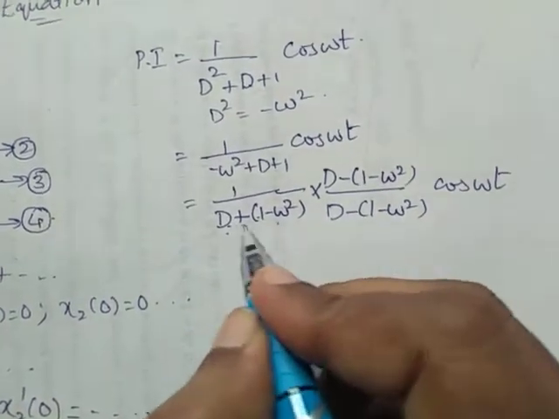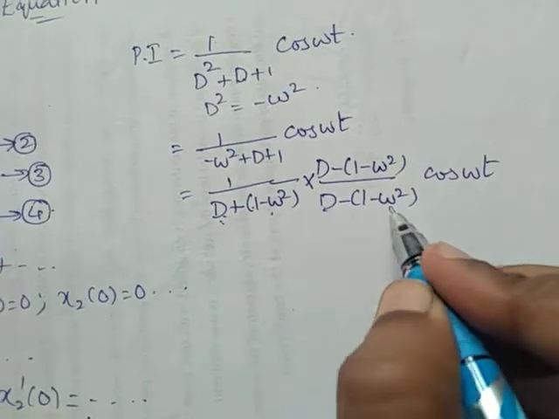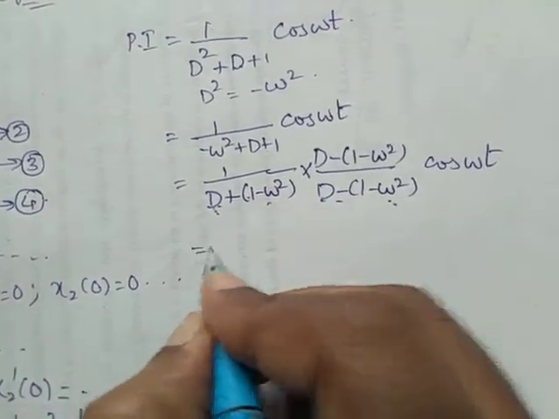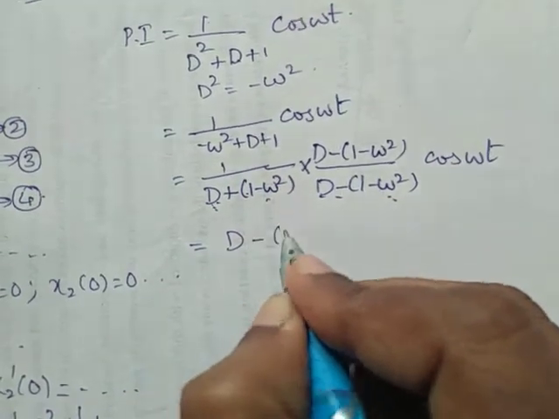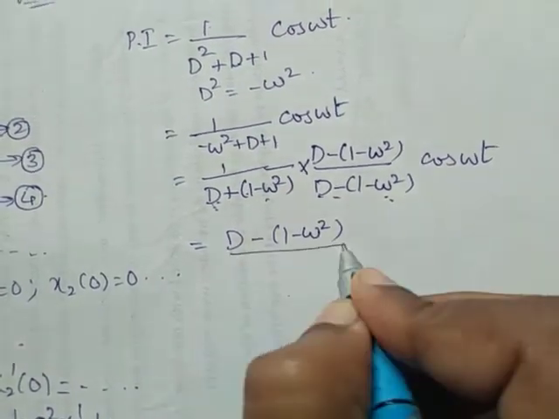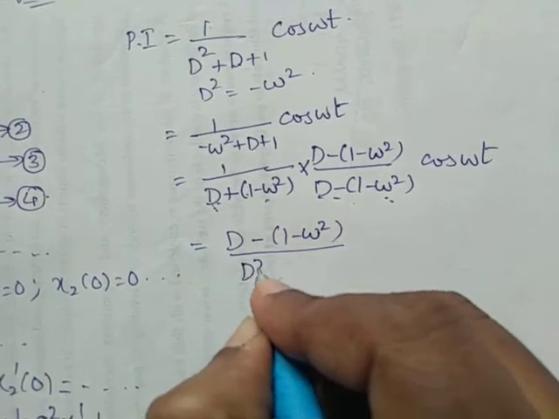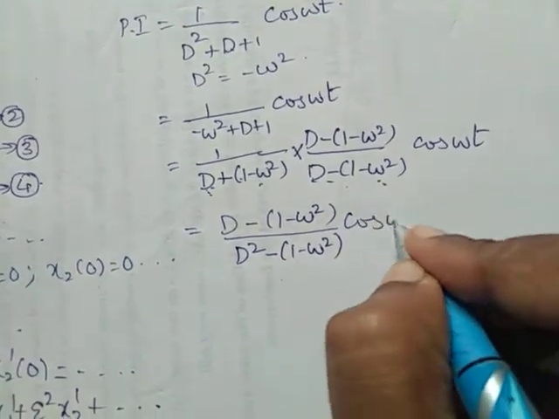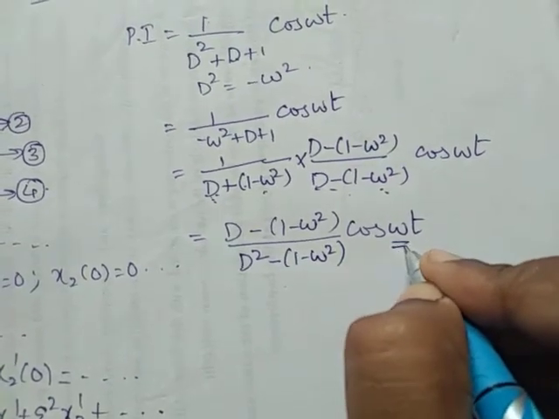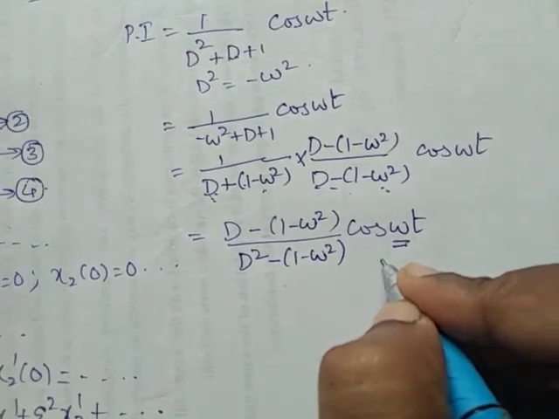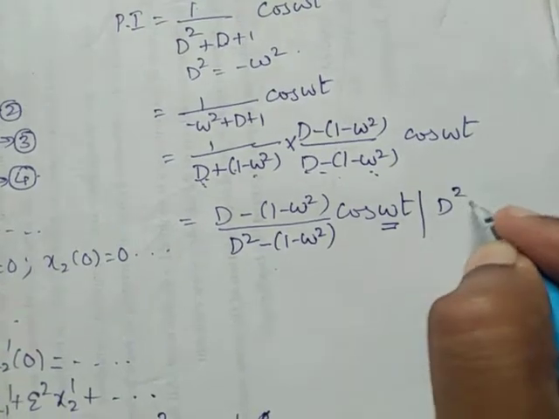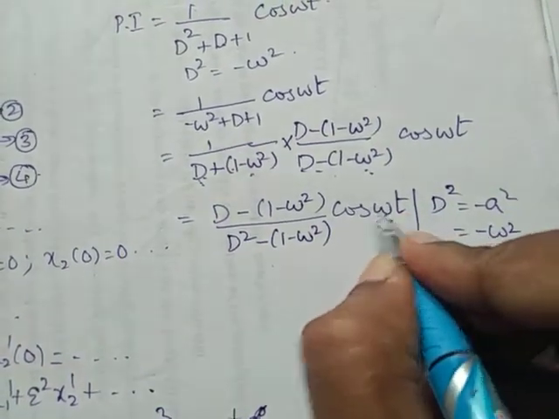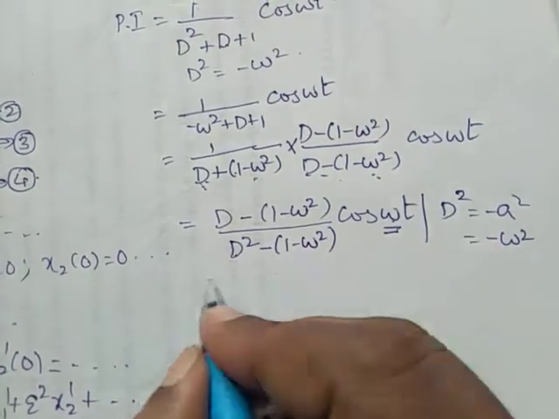This is of the form (a plus b)(a minus b), which is a square minus b square. Therefore, the numerator remains as it is, and the denominator is a square minus b square. So a is d, and we have to substitute d square equal to minus omega square here.